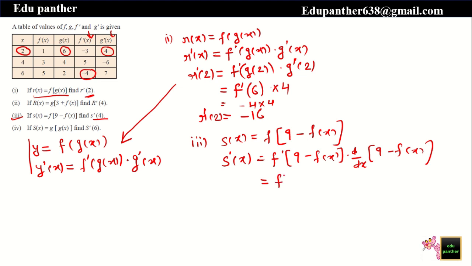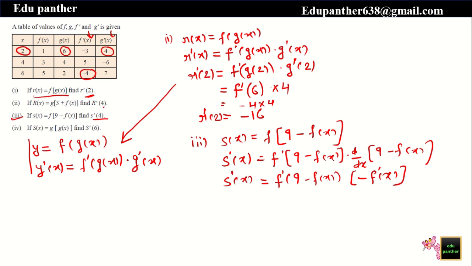So write the first term as it is, f dash of 9 minus f of x into, now we have to take the derivative of this second bracket. So the derivative of 9 is 0, and minus the derivative of f will be written as f dash of x. So this is the derivative.